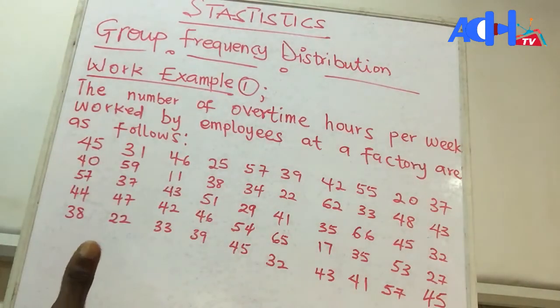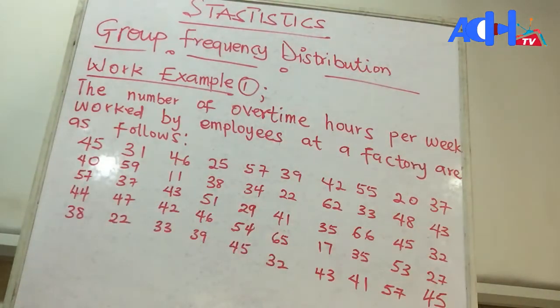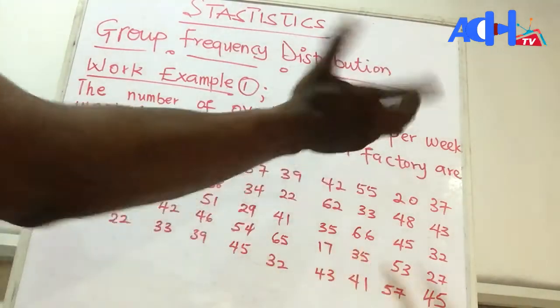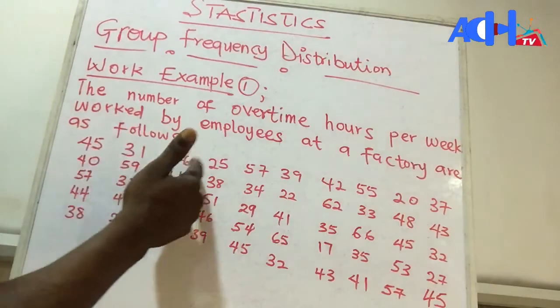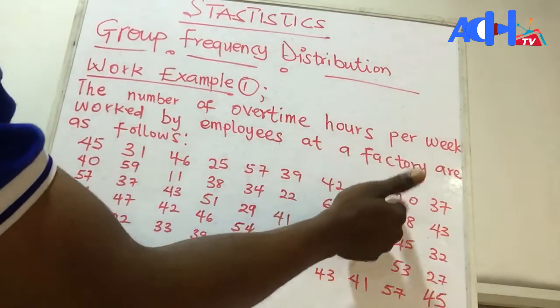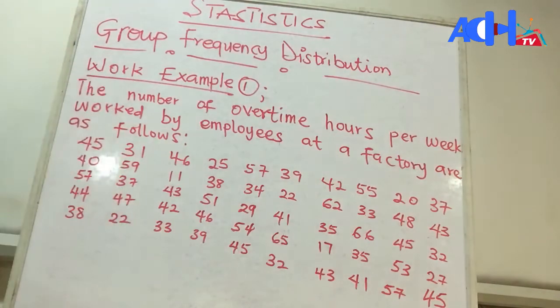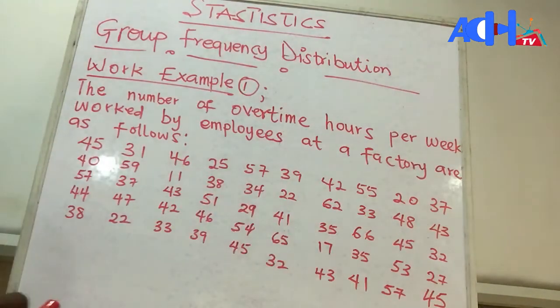You could see that the intervals are 10, even counting 1, 2, 3, 4, 5, 6, 7, 8, 9, 10, and then it's in 10 folds. So you could know that the intervals are 10, looking at the large range of values given.